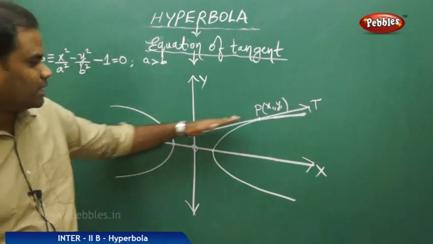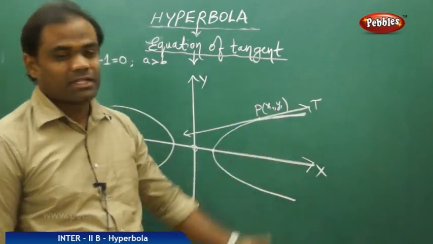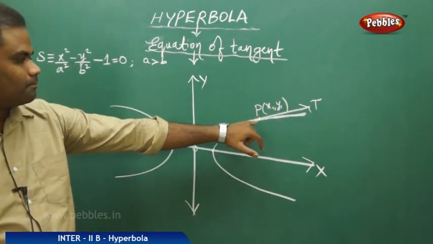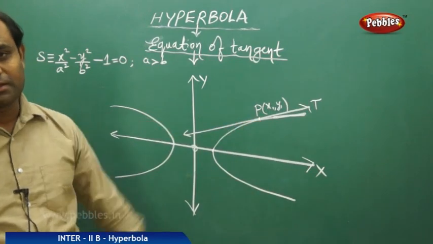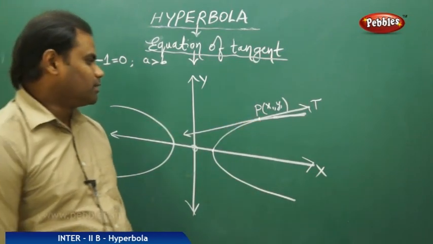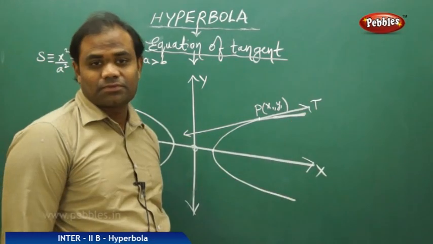That is, this line touches the hyperbola at P(x1, y1), and therefore we get the point of contact as P. Now I want to find the equation of tangent T at P(x1, y1).